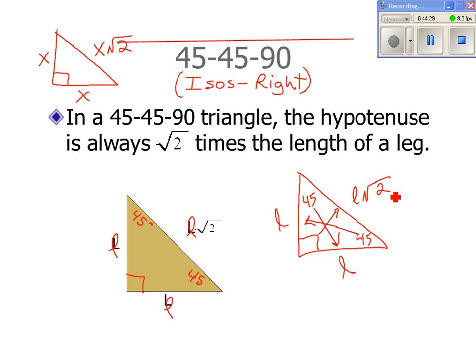We already did a few of these at the start of class. If I told you this side was 3 and this side was 3, what's this side over here? 3 radical 2. Some of them you can just pick up on and write down the answers. Other ones are going to be a little more difficult.